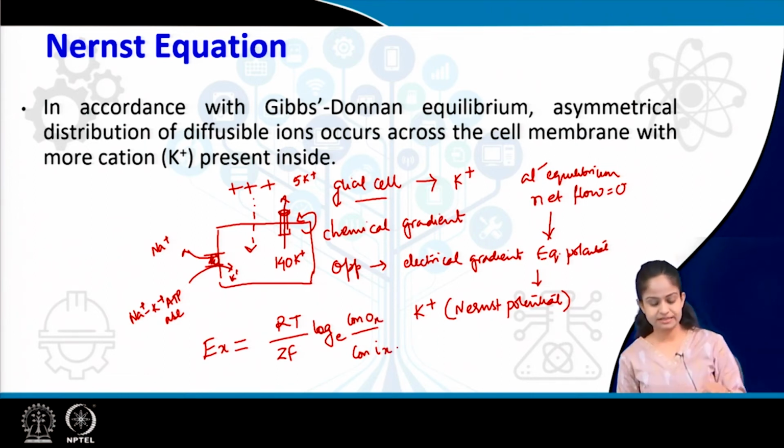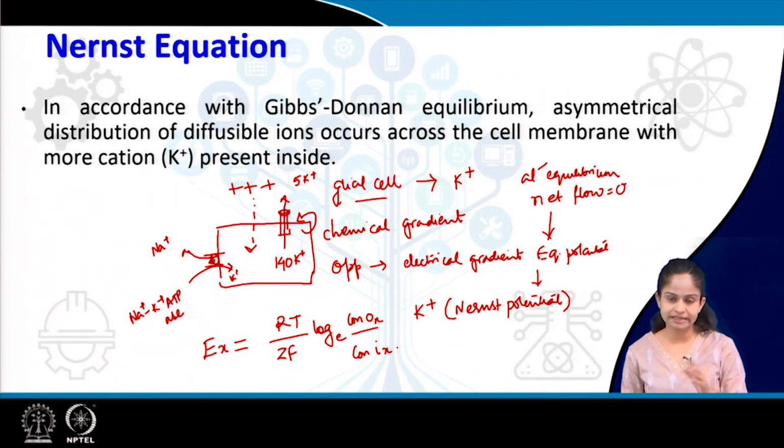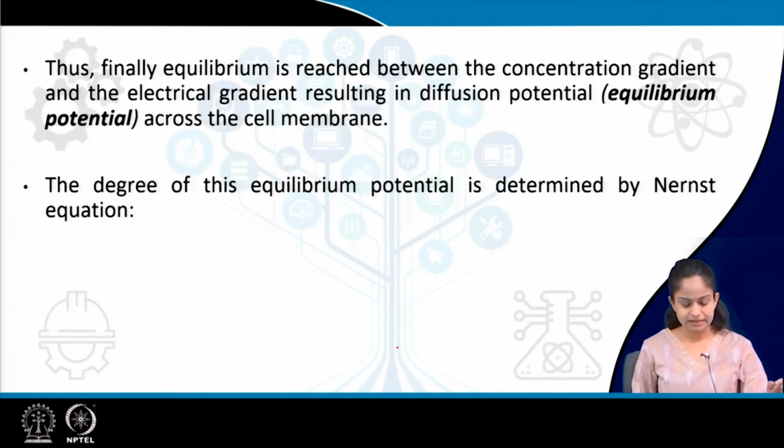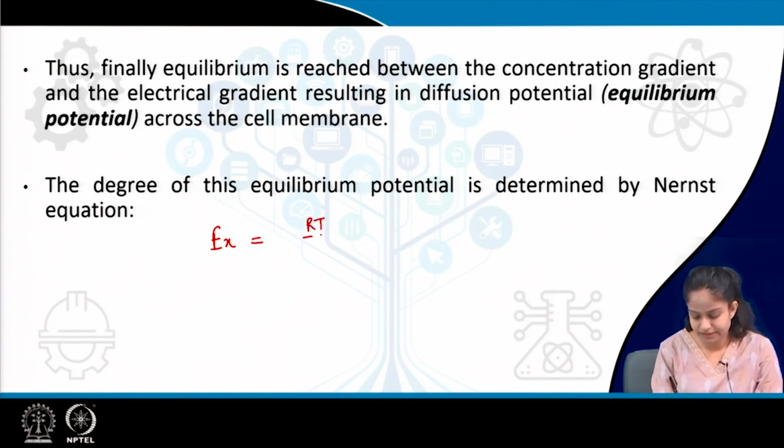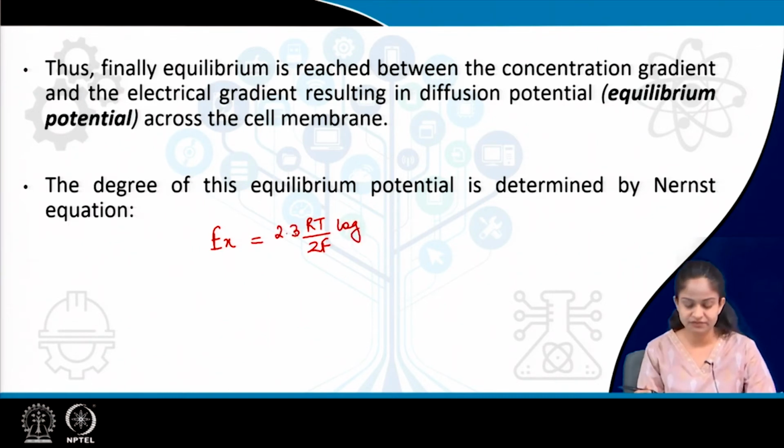Now, if we convert log e to log 10, this equation will be RT by ZF, and the value 2.3 we get, since we have converted log e to log 10, times the concentration of the ion outside by the concentration of the ion inside.